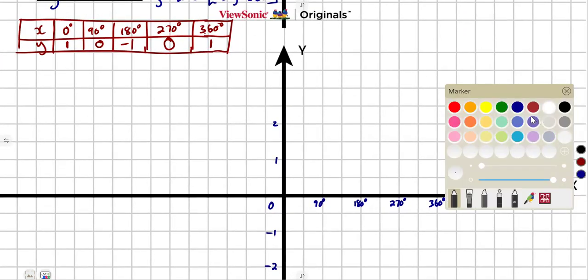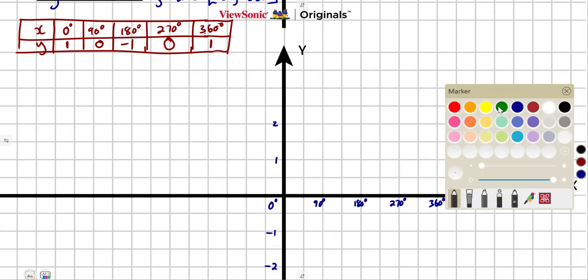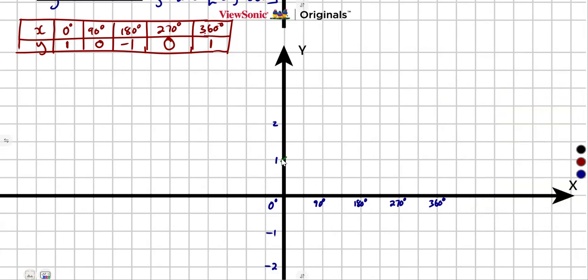So the first point is 0 degrees versus 1. 90 versus 0, that is on the x-axis. 180 versus -1. 270 versus 0, we're going to have our point directly on the x-axis. Then 360 versus 1.